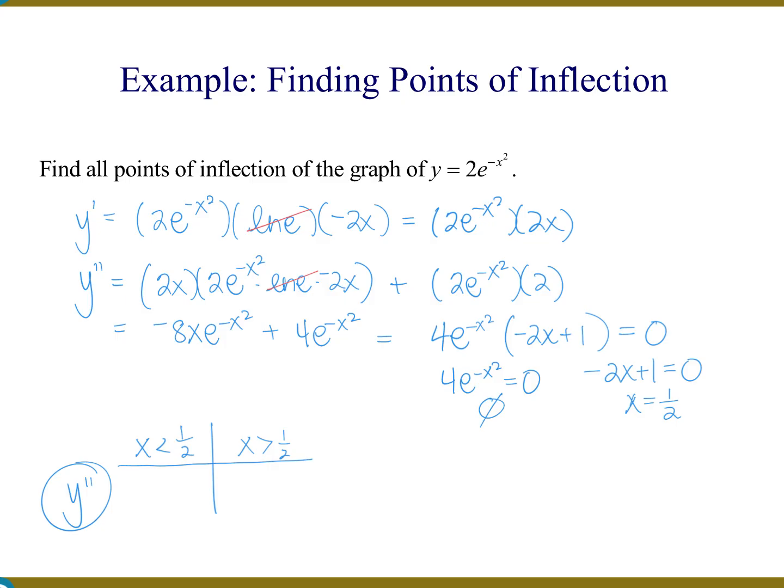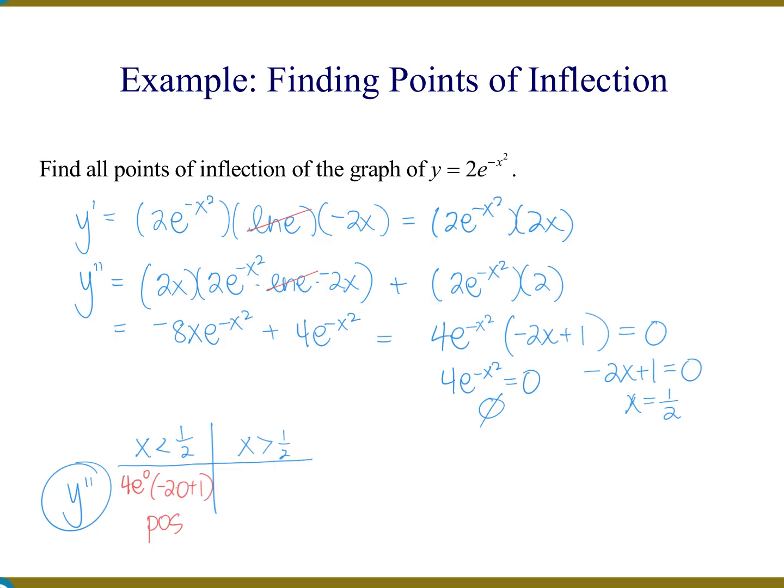So that's going to give me 4e to the 0 times negative 2 times 0 plus 1. e to the 0 is 1, 0 times negative 2 is 0, so this is going to end up to be a positive number. So I have positive concavity for all values that are less than half.